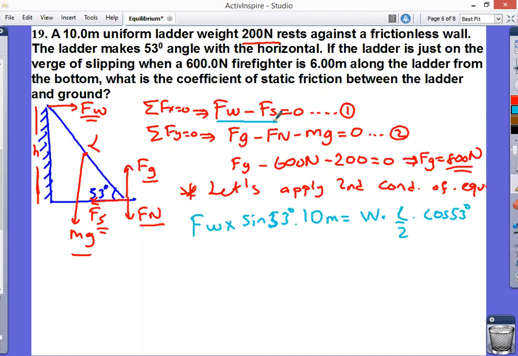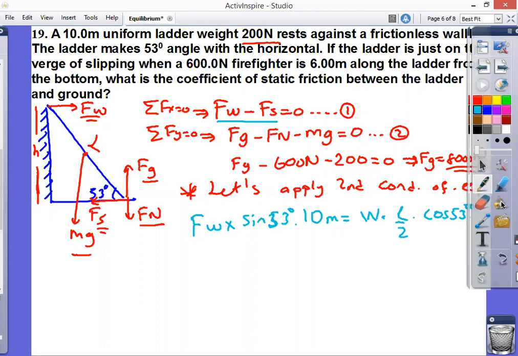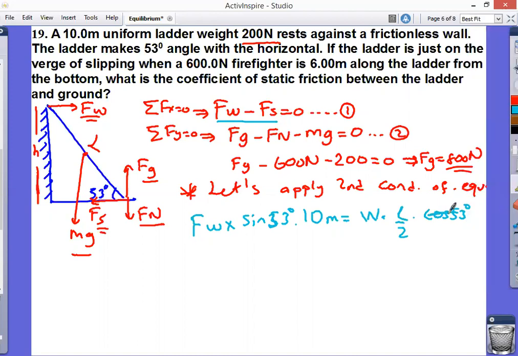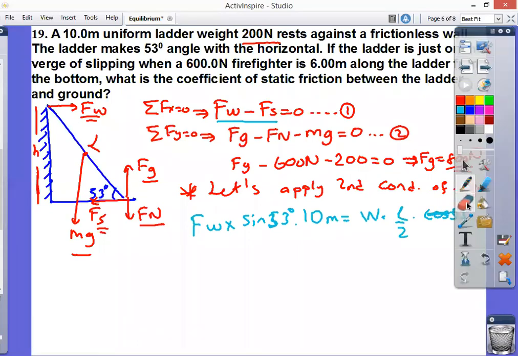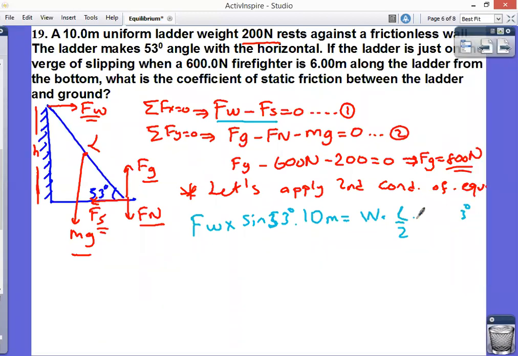Just a second, I made a mistake over here. Okay, so then the plus, let me write it over here: plus this time normal force times the ladder's height times cos 53, okay?